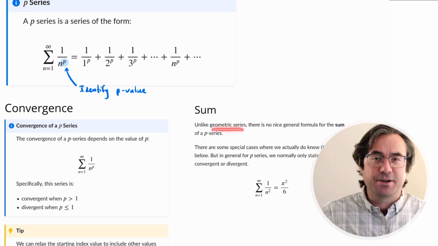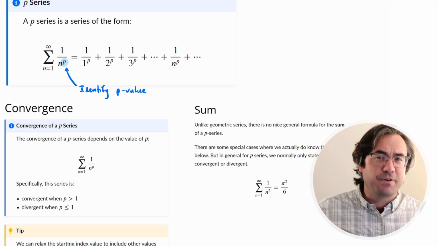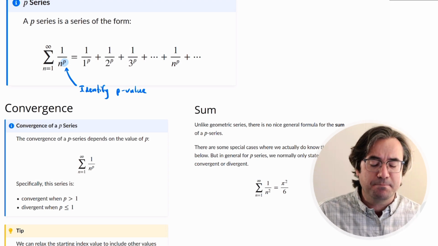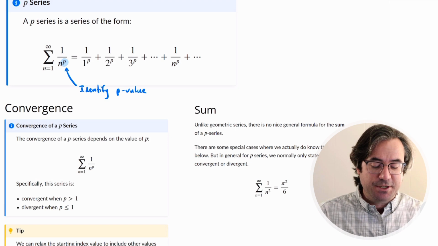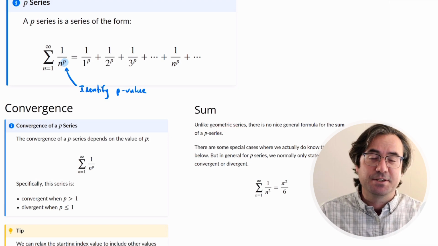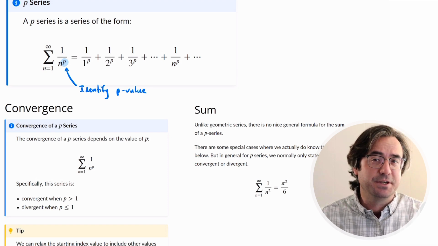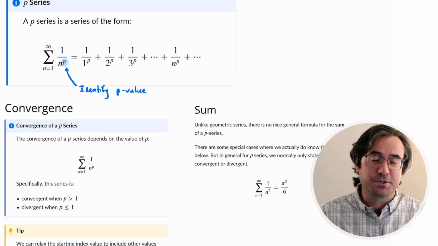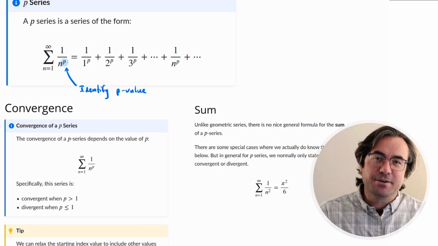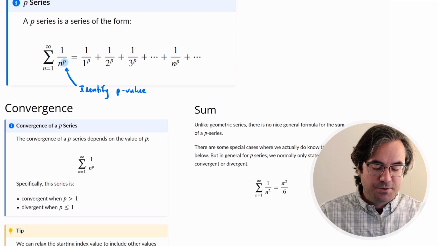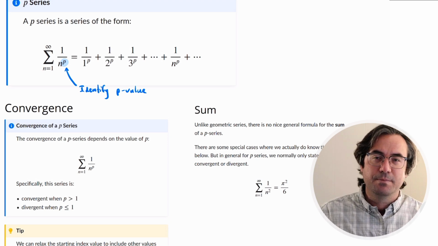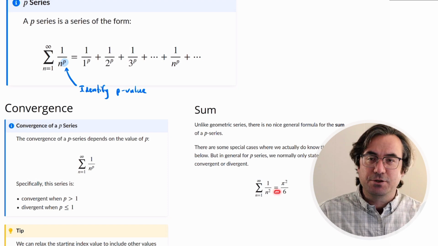Unlike geometric series, another very common type of series that we've looked at, which are very nice because we have a formula for the sum of the series if we know it's convergent, p-series, not so much. Some of the sums are actually known.